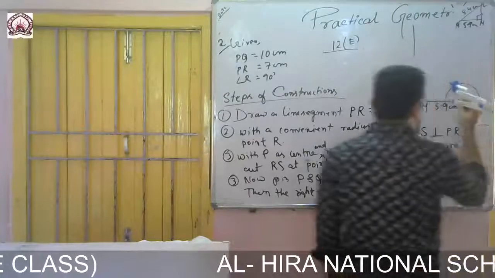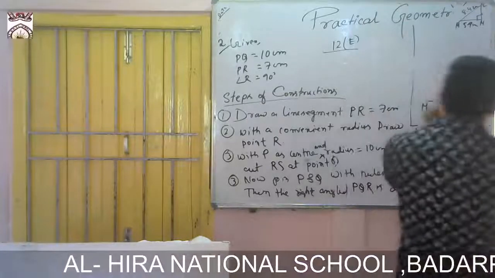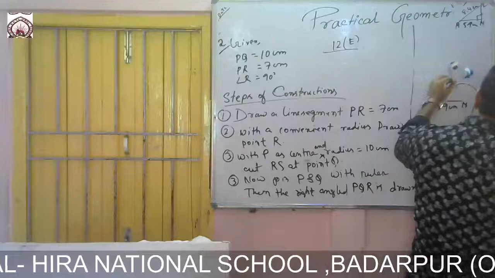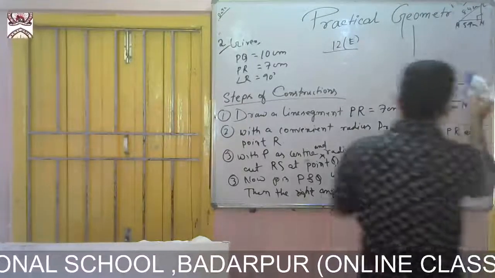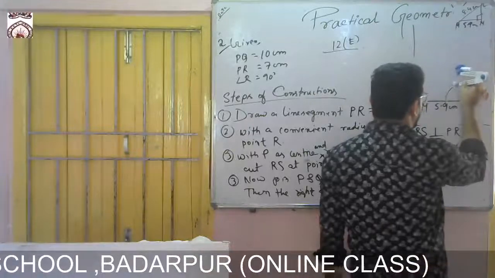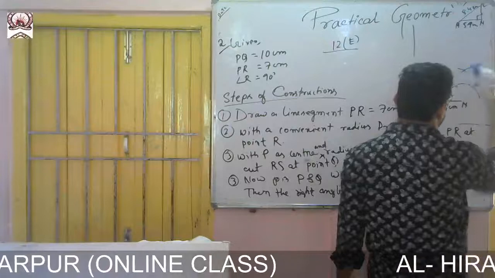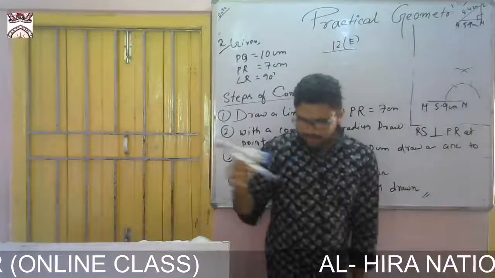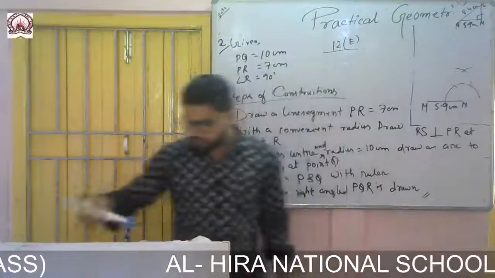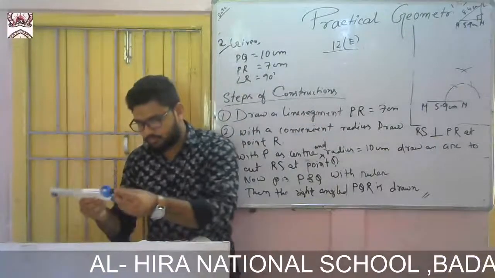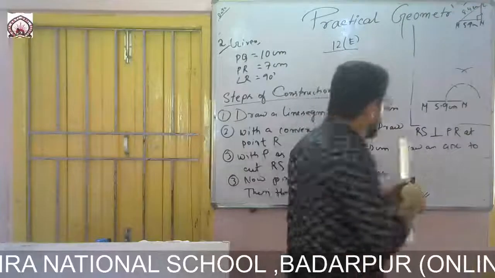With the same radius, draw another arc here, then from there draw another arc, and from this also draw another arc. This point of intersection will be 90 degrees.